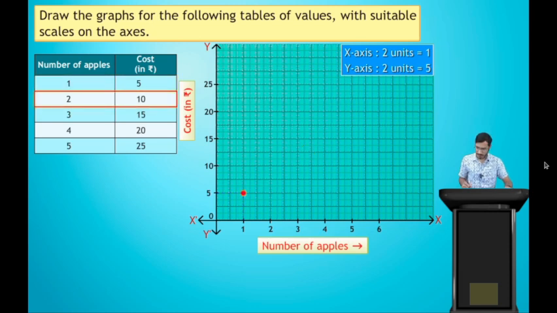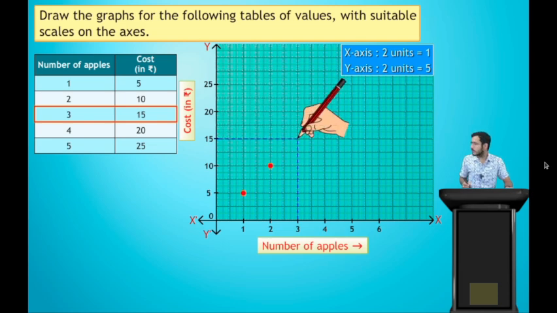Yes. Then second, 2 for 10. So here x is 2 and the y coordinate is 10, so the point is 2 comma 10. Then 3 comma 15, so on the x-axis 3 and taking height 15 here.